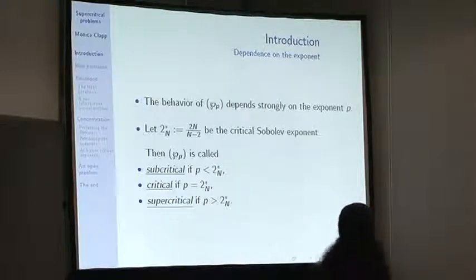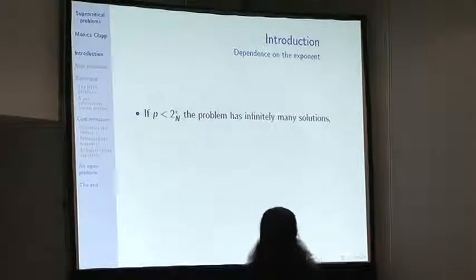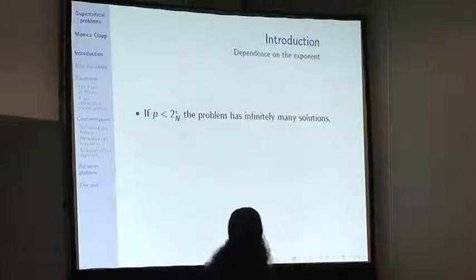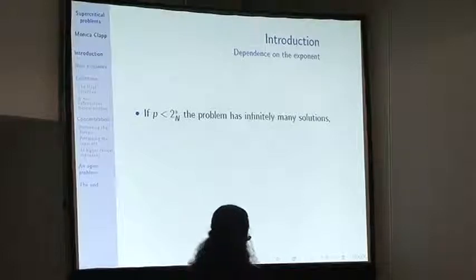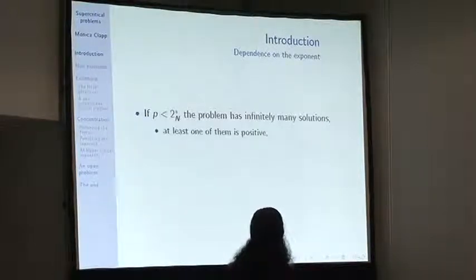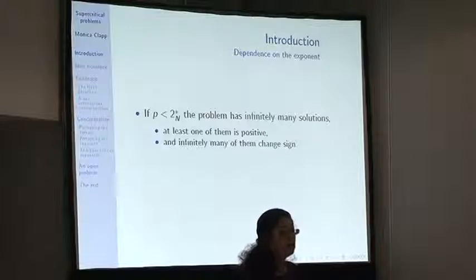Okay? So the first thing I want to mention is that in the subcritical case, this problem has been studied extensively, and one knows many things about it. One knows that the problem has infinitely many solutions. One of them at least is positive. The rest, there are infinitely many which are sign changing.